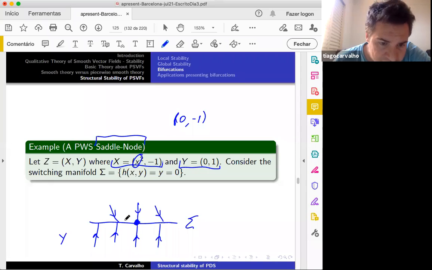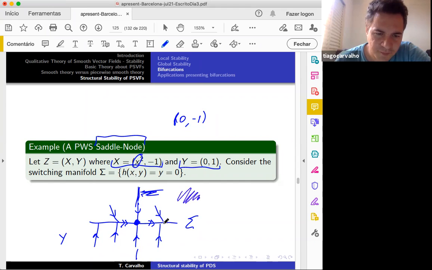Okay, so at this side we have a sliding vector field pointing to the right, and this side too. Okay, so in this half plane, the pseudo-equilibrium behaves like a saddle. There is an attractive direction and a repulsive direction.